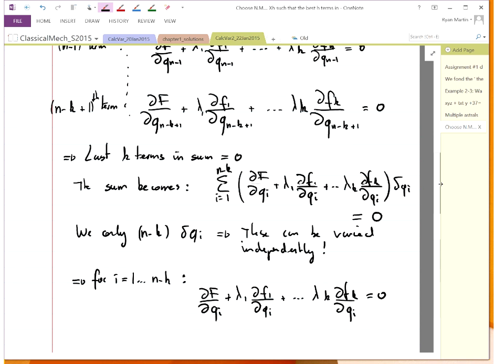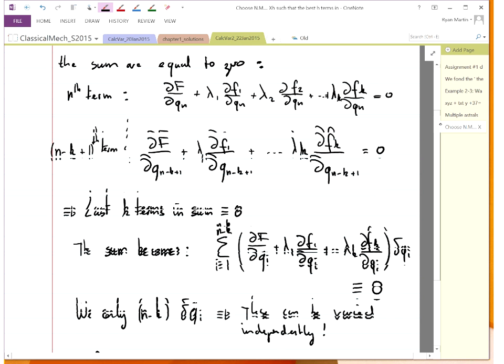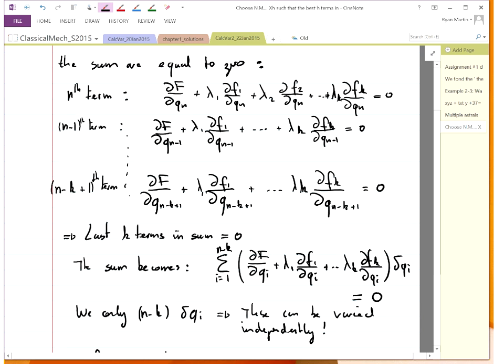So let's look at now our equations that we have. Up here, for the terms q that go from n minus k plus 1 all the way to n, so the last k terms, we have these equations: ∂F/∂qi + λ1 ∂f1/∂qi, ..., λk ∂fk/∂qi equal to 0, right?